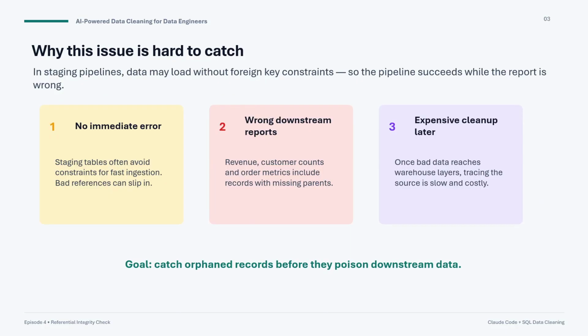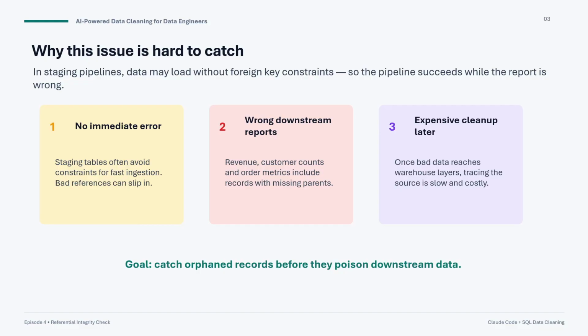So, why is this issue hard to detect? The biggest problem with referential integrity failures is that they usually don't generate errors. The pipeline runs successfully, the data gets loaded, the dashboards refresh, everything appears normal. But behind the scenes, reports are being calculated using invalid references.